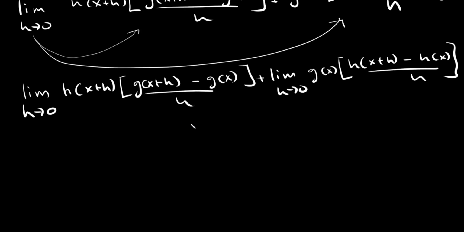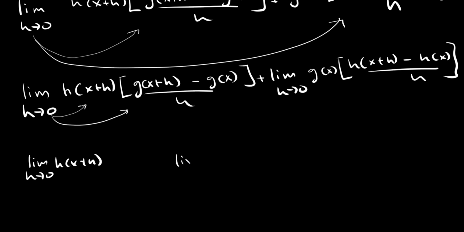Here I'm gonna use my limit law for the first part to evaluate this and this. So let's do this, h of x. So limit h approaches 0 of h of x plus... This is my limit law that I'm using, right?